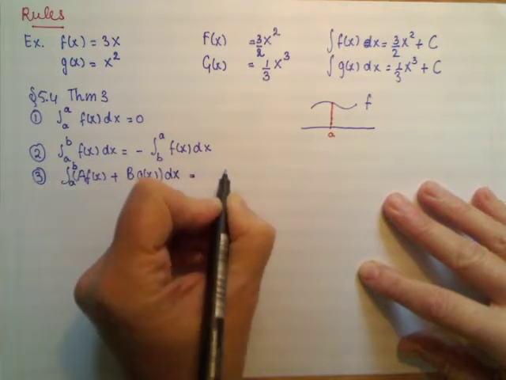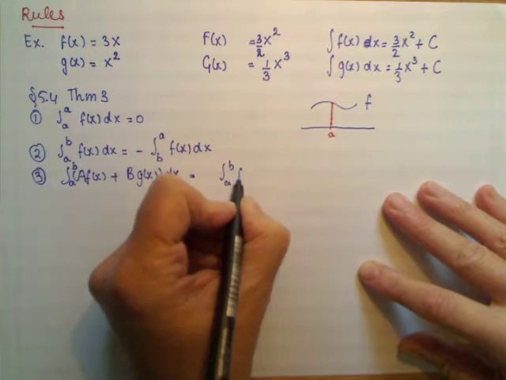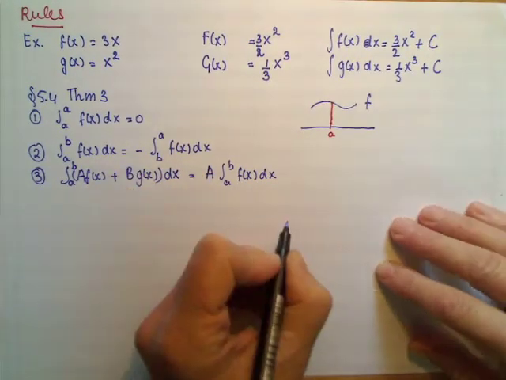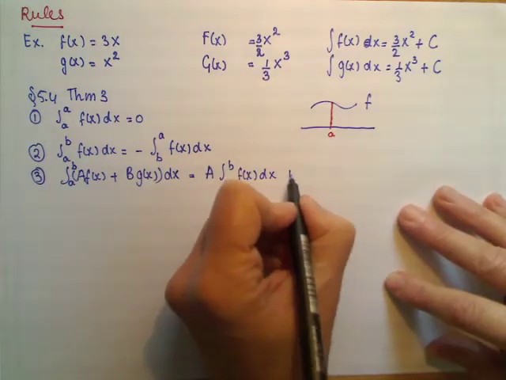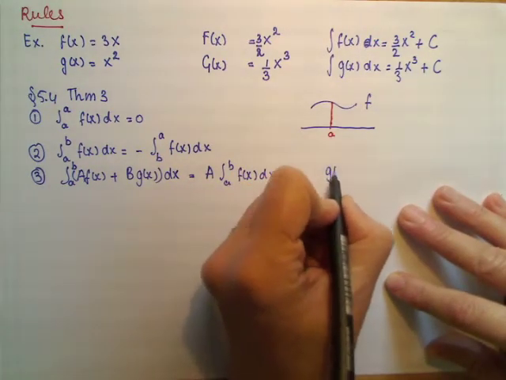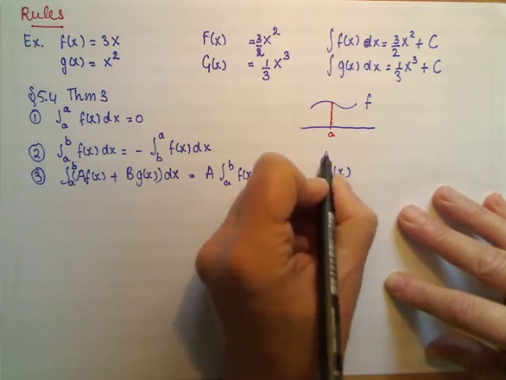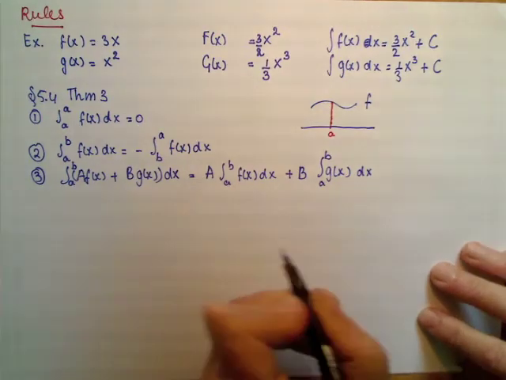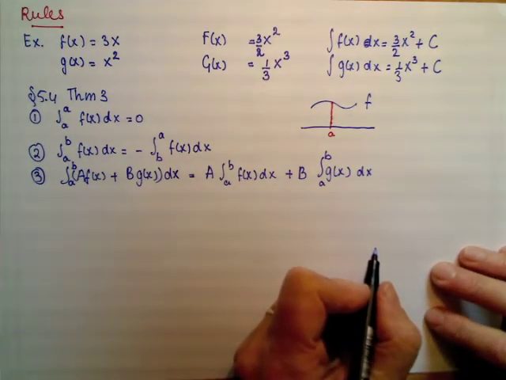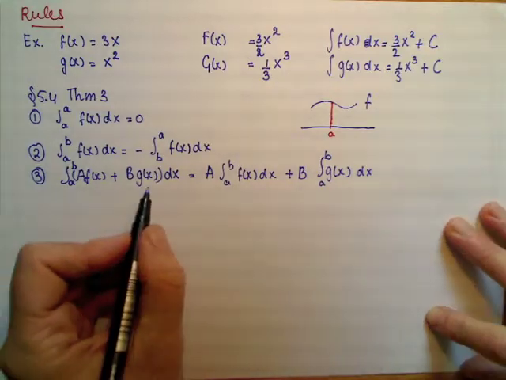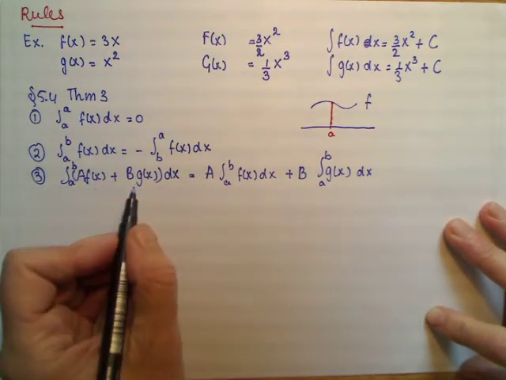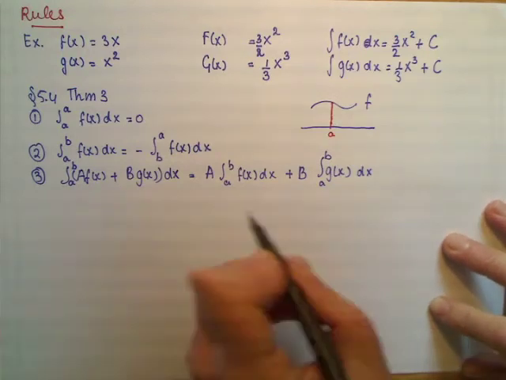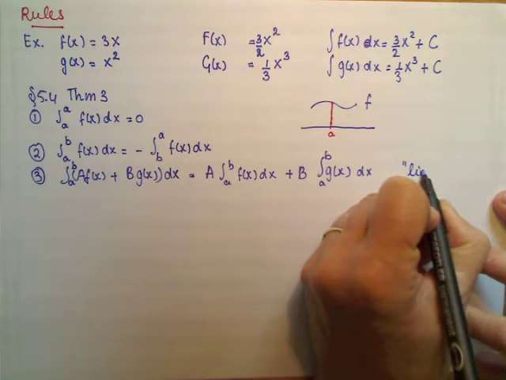Then we might as well calculate the integral from a to b of our function little f of x multiplied by constant a, and add the integral of our function little g of x multiplied by the constant b. So we do not have to do any additional work in calculating integrals of functions which are sums of other functions. So this property is called linearity of integrals.